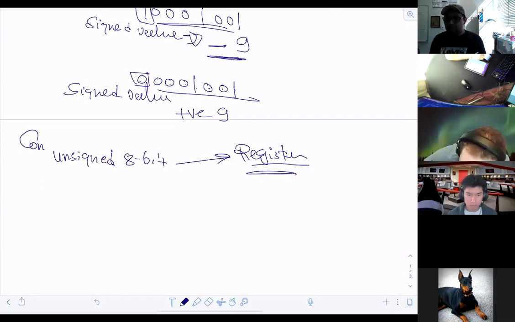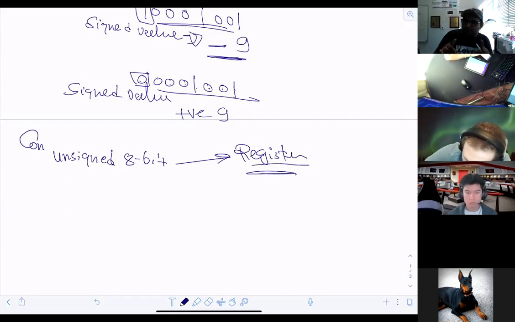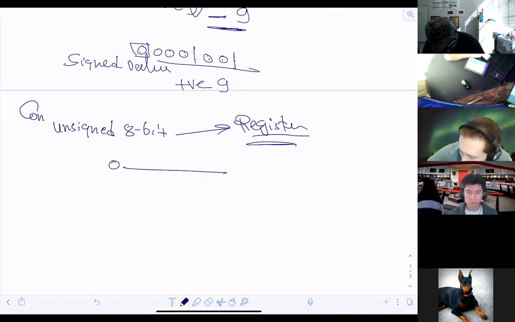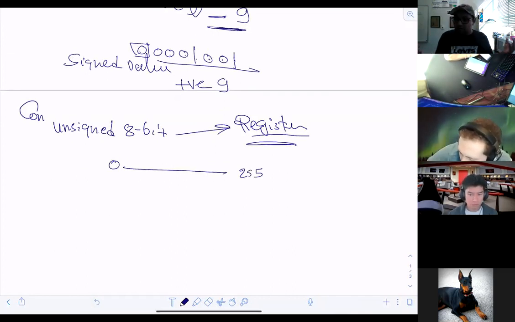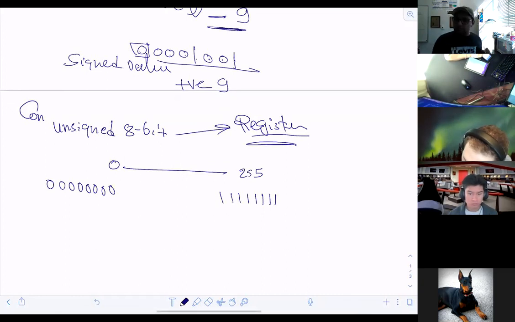So we call it a register. Just hear this word and later on you will understand what a register is. So whatever is holding this frame of number of bits is called a register. So we say this register holding 8 bits is representing a value from 0 to 255, right? Because it's 1, 2, 3, 4, 5, 6, 7, 8.